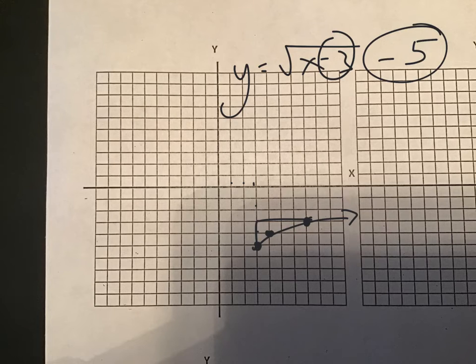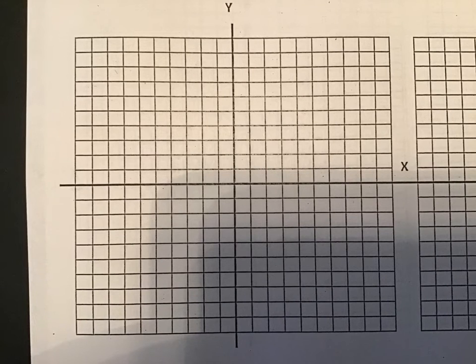Okay, we can do, I don't know, a million more, but let's do one more here where we combine all 3 things. So let's say I got y equals 2 times radical x plus 4 and then minus 3.